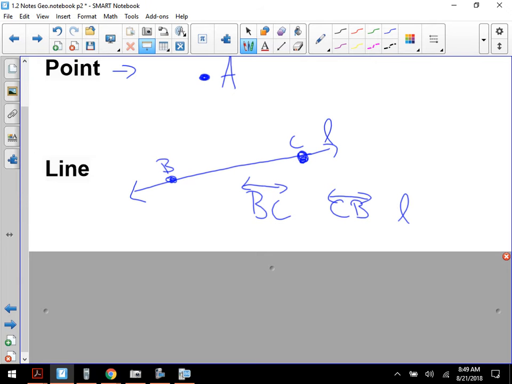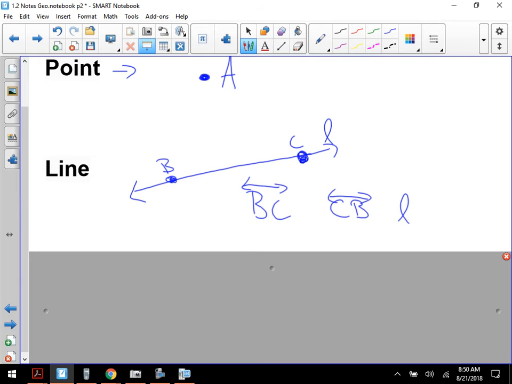Do you remember what a plane is? Can you draw it? Go ahead. You're right.